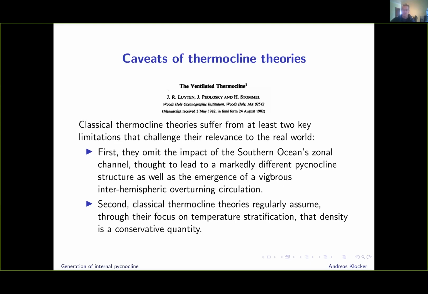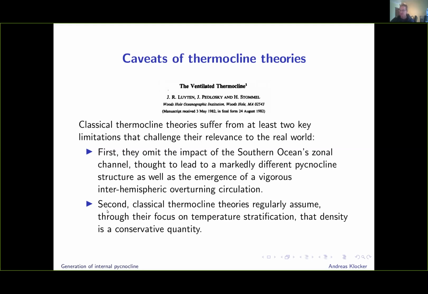So there are some caveats to all those theoretical papers from the past. First, they omit the impact of the Southern Ocean channel. Most of the work has been based on the North Atlantic, but it's been thought that the channel configuration leads to a very different pycnocline structure and the emergence of a vigorous overturning circulation.